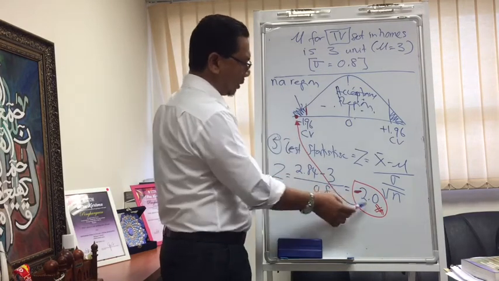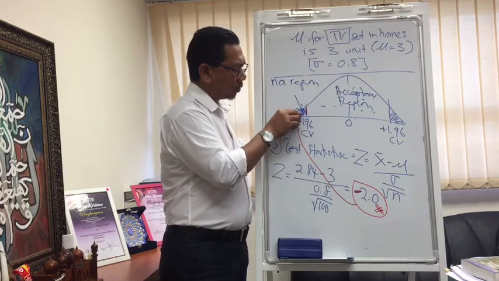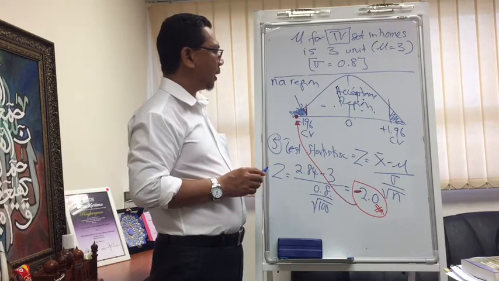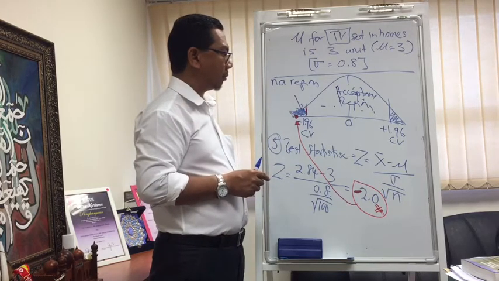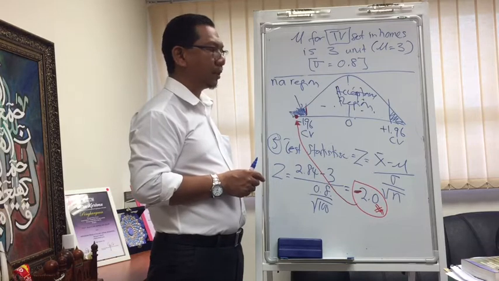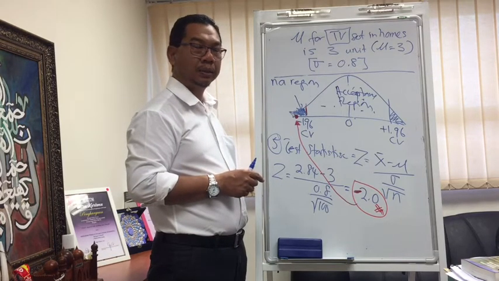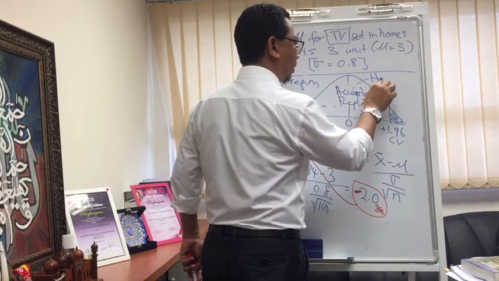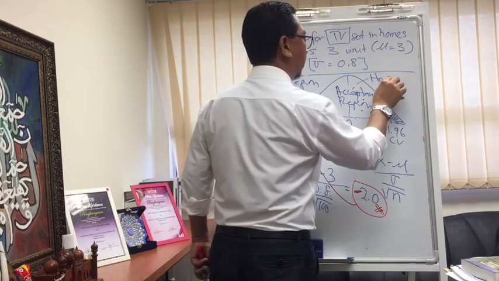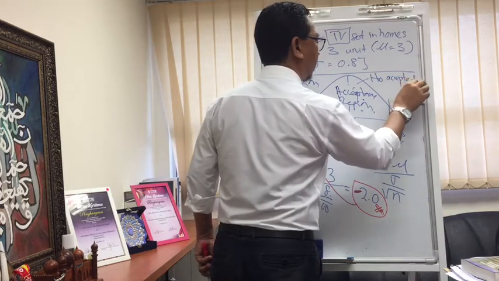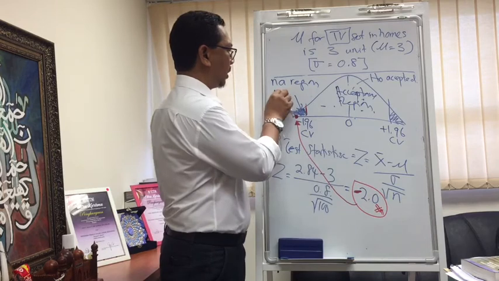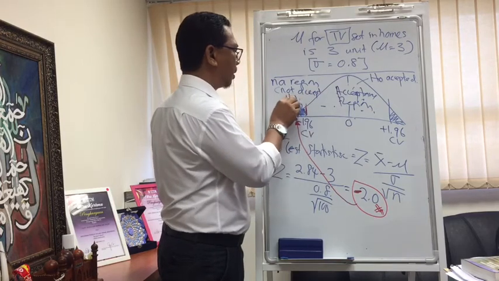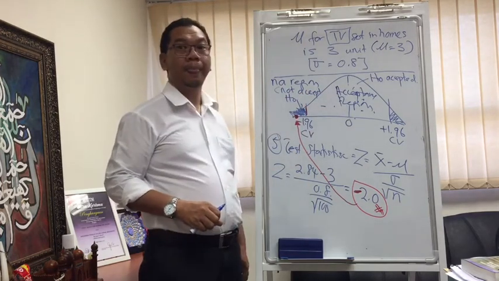In this example, the value falls in this area, so we cannot accept the null hypothesis.